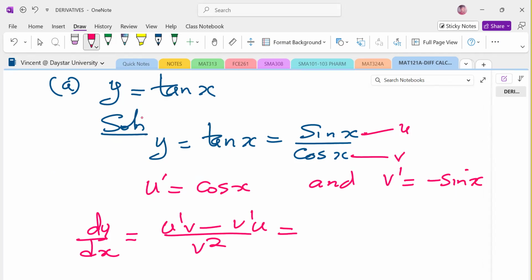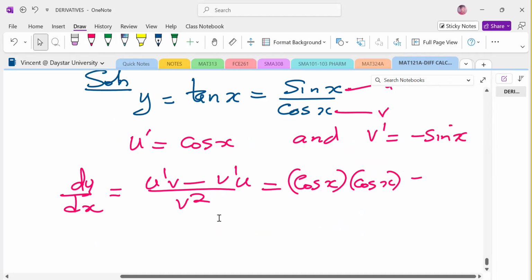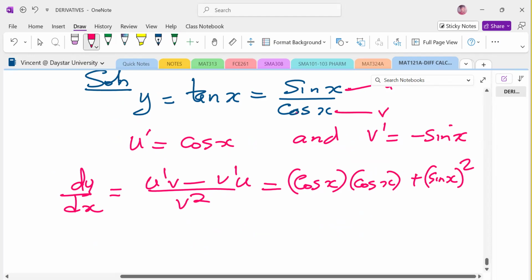So when you substitute, u prime is cos x, then v is cos x, minus v prime is minus sine x, and then u is sine x. So minus minus is plus sine x squared, and then divided by cos x squared.